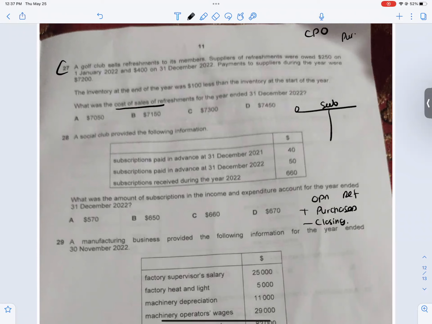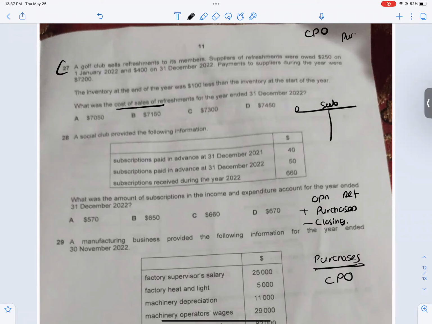And for purchases of refreshments, I will do CTO. So what is closing? Closing inventory is 100.